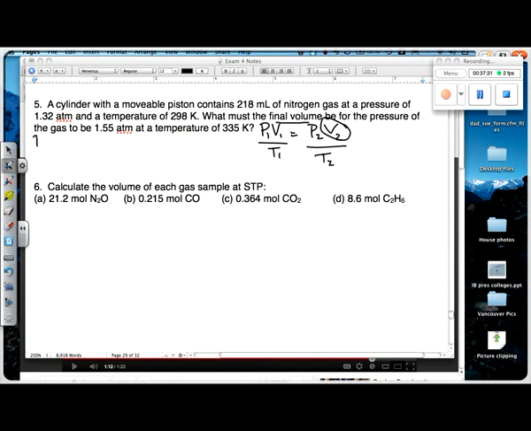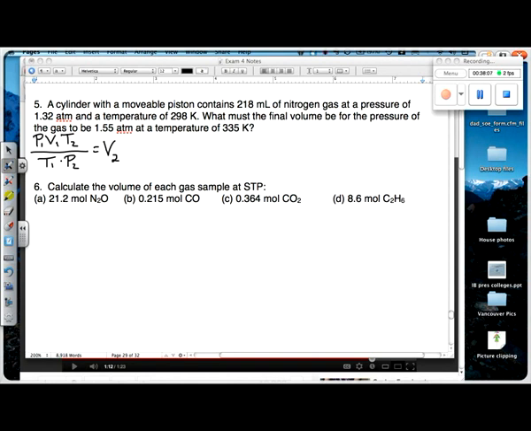So I'm going to do it over here, P1, V1, T2, because I'd be multiplying both sides by T2, over T1 times P2, because I would be dividing by P2 on both sides, right? Okay, so erasing. Equals V2. My temperatures are already in Kelvin, so that's nice. Yes, they are.